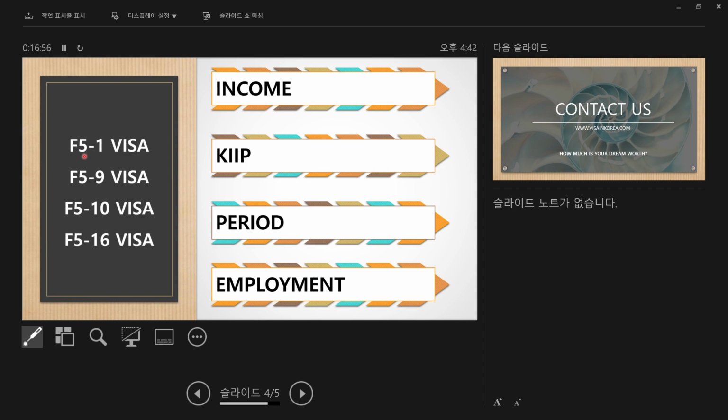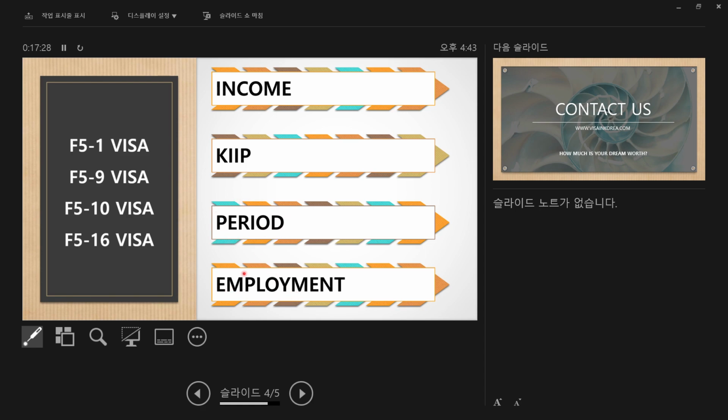So from the date of acquisition of your current visa until now, you need exactly 5 years. But if you had E7 before and changed it to F5, you can combine D7, D8, D9, E1 to E7, and F2-99 and F2-7 visas. The whole period you can add. So if 5 years have already passed, you are eligible for the period.